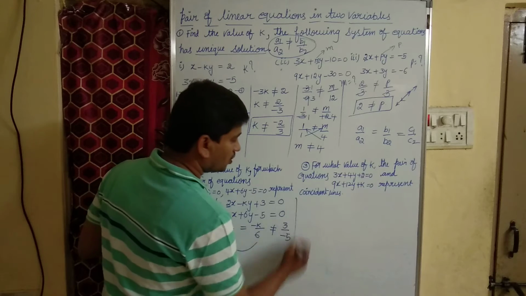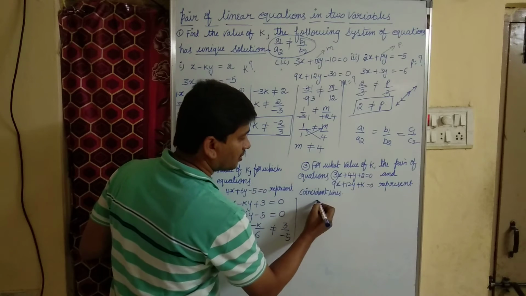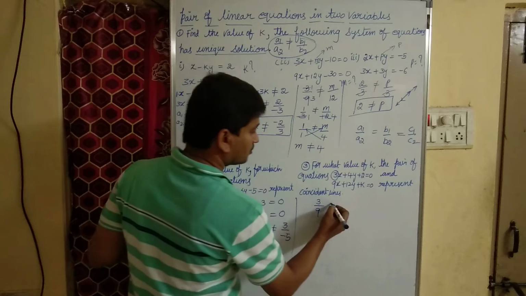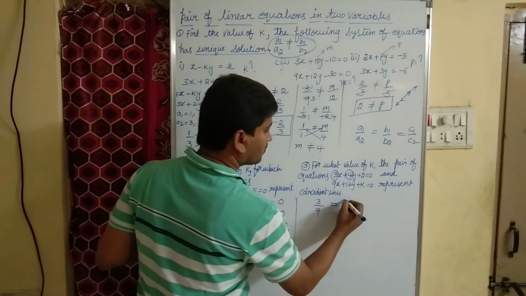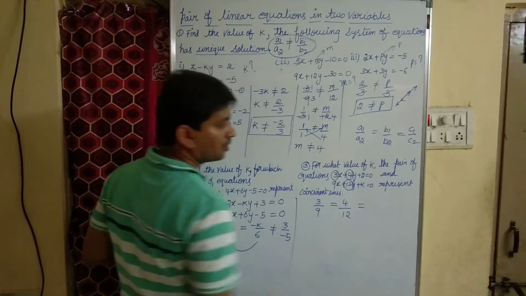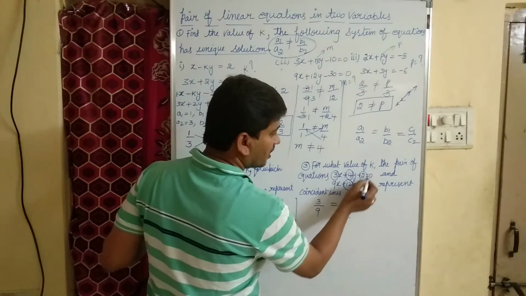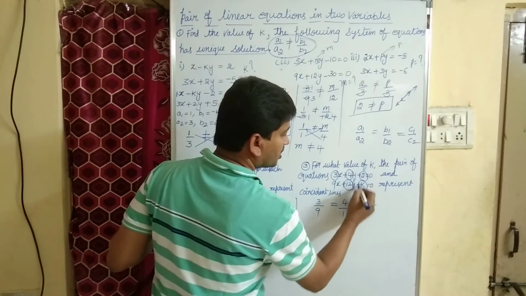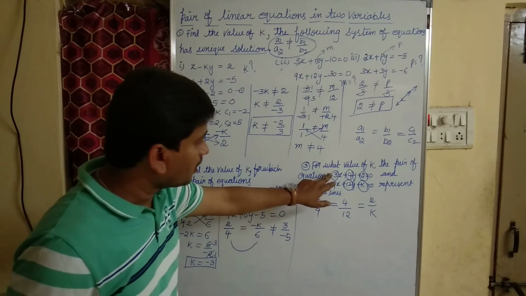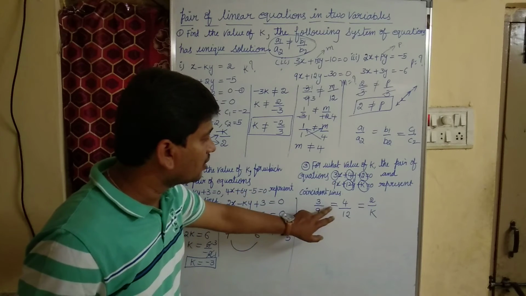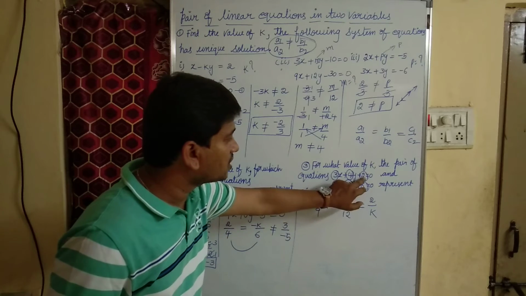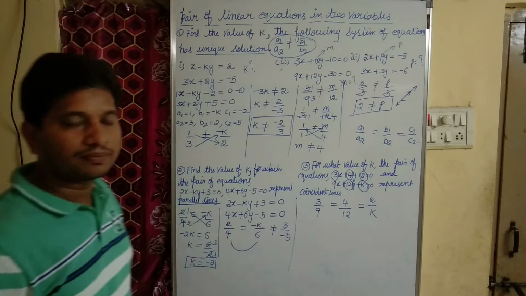Right here. So here a1 is 3 and a2 is 9, equal to b1 is 4 and b2 equal to 12, equal to c1 is 2 and c2 is k. Is it clear? a1 by a2, 3 by 9, is equal to b1 by b2, 4 by 12, equal to c1 by c2, 2 by k.